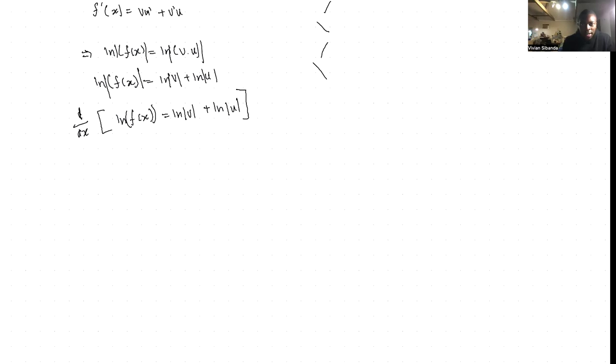So to derive ln, we know that the general derivative of ln of f of x is the derivative of the function on top divided by the original function on the bottom. So we can use this principle here.